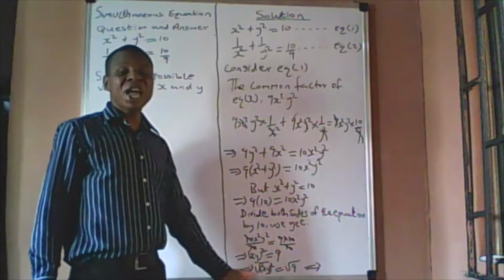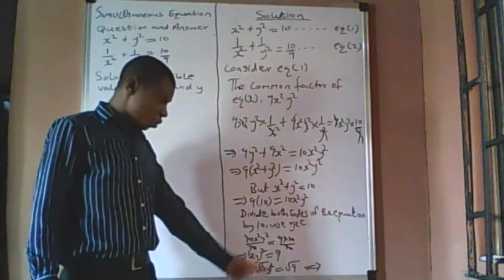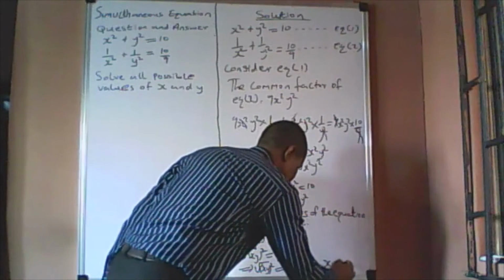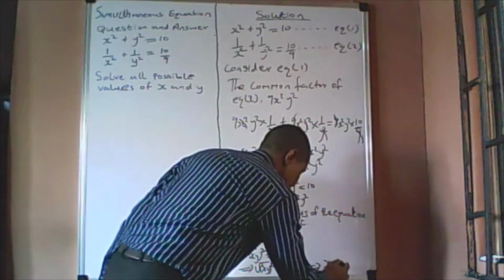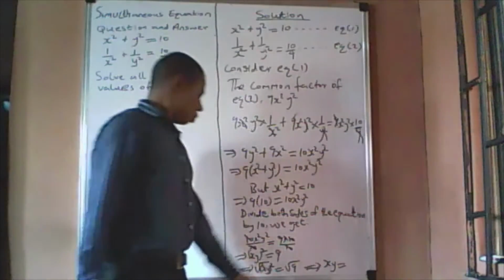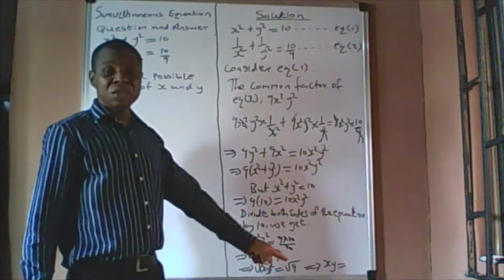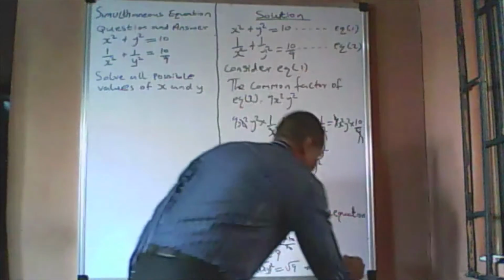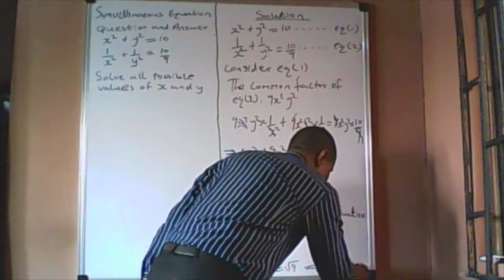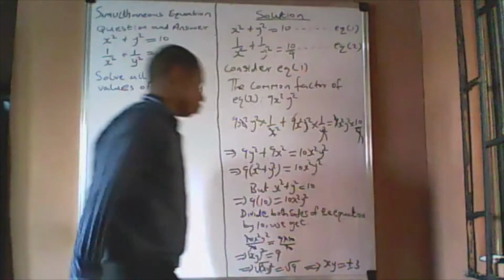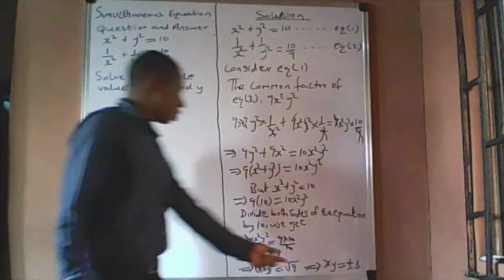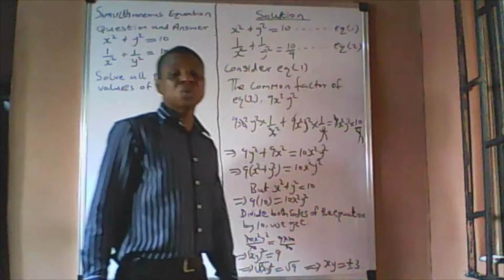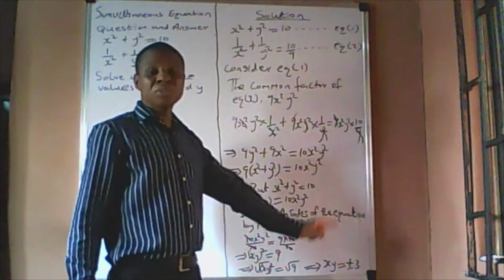It remains xy. The square root of 9 is plus or minus 3. We are going to find the value of x times y equal to plus or minus 3. We call it equation 3.